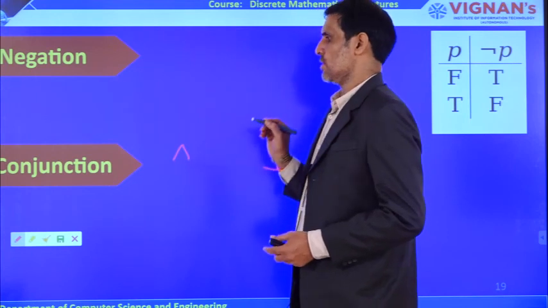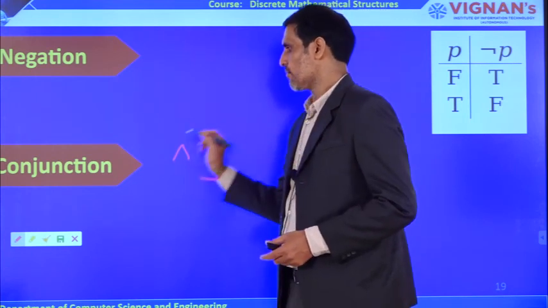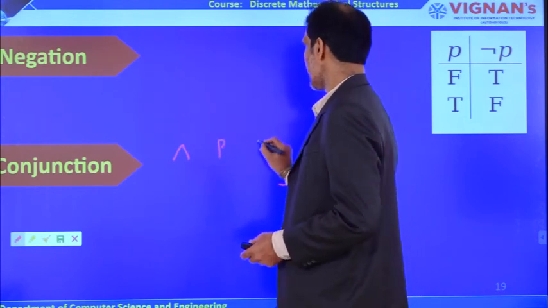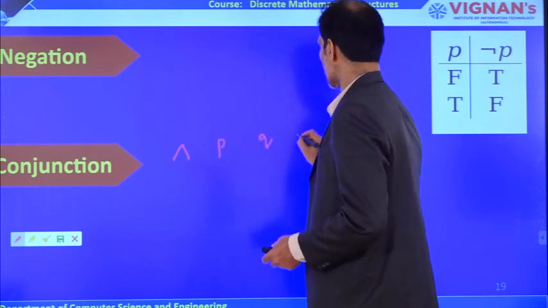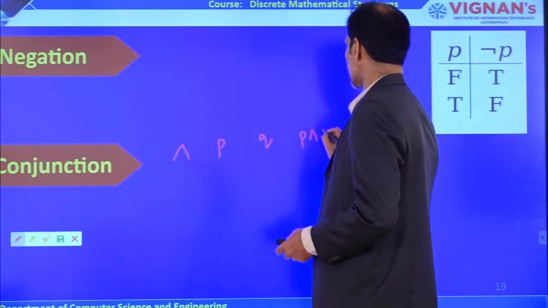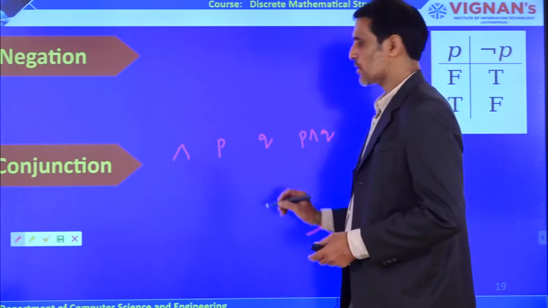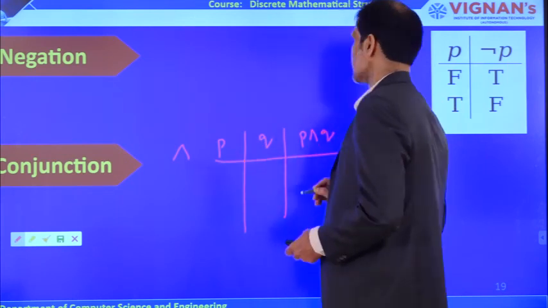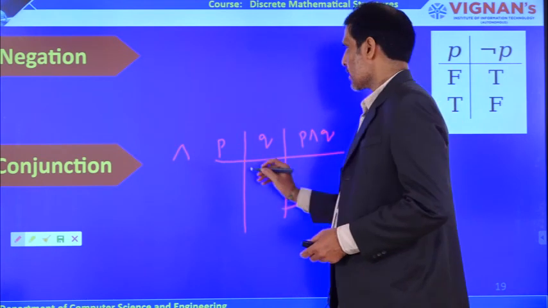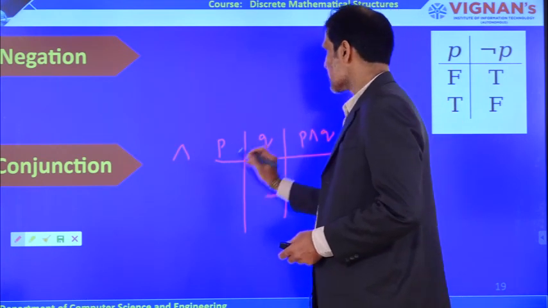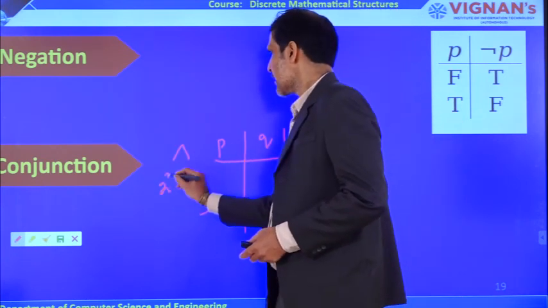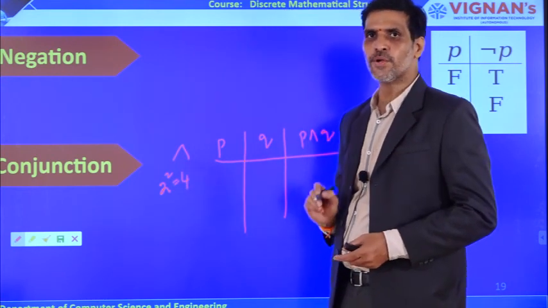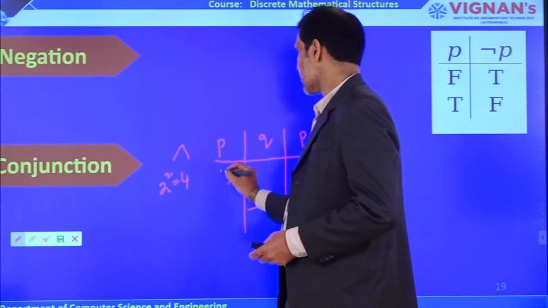To know the truth table of conjunction, you have to take two statements P and Q, and their compound sentence can be written as P and Q. Because two propositional variables are there, we get 2 squared, that is 4 rows.